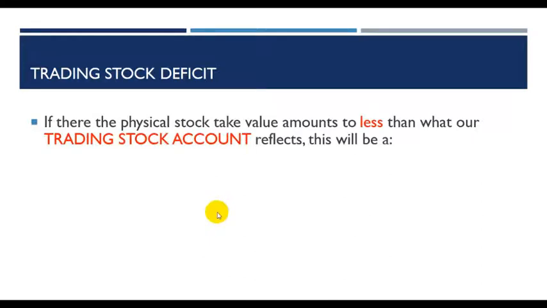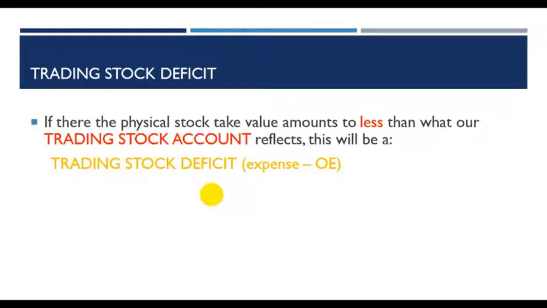So if, in our physical stock count, we have ascertained that the value of our stock on our shelves is less than that in our books, we know this to be a trading stock deficit. This is a loss to a business. I asked you earlier, why do you think that we would have such a deficit?